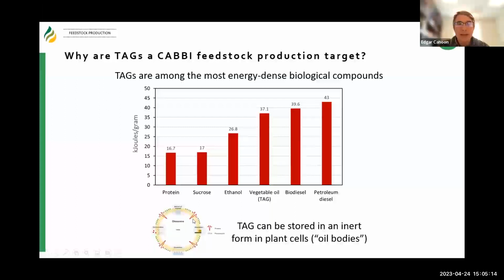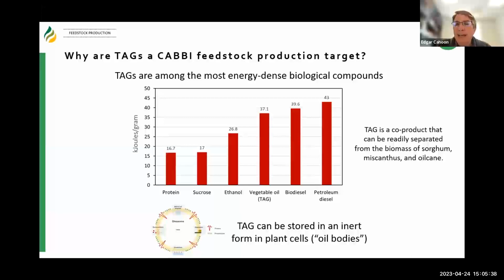So plants can sequester the oil in an inert form, and as you know, people and animals can also do this. This is one of the reasons why we store fat: because it's energy dense, we can store excess carbon away and use it when we need it.